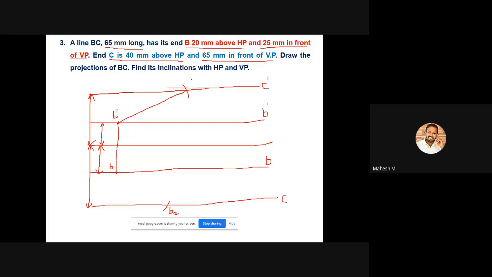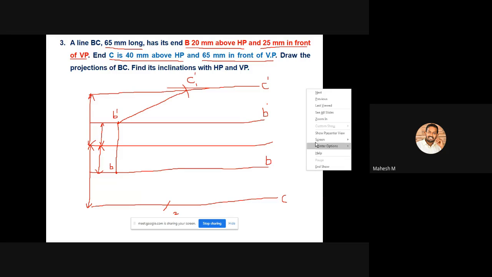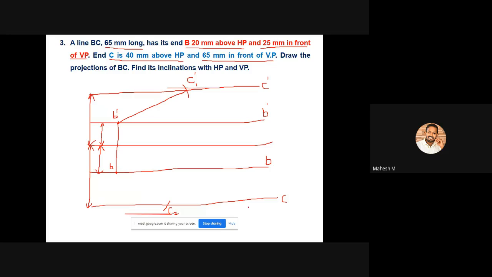So this one will be C1 dash, and this one will be C2. Now connect BC2. This will be our other true line. This angle will be marked as theta, and this angle will be marked as pi.